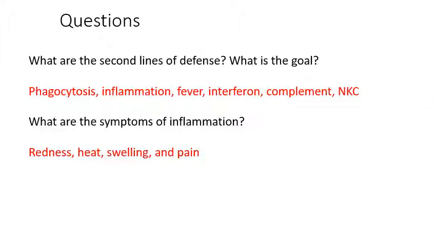The goal of all of those things is to sequester any pathogens that have made it past the first line of defense and to introduce those pathogens to the third line of defense, which we'll talk about in the next video. And the symptoms of inflammation, those four hallmarks, are redness, heat, swelling, and pain.